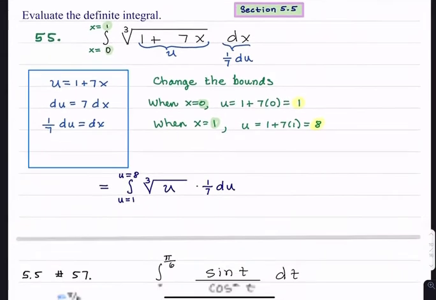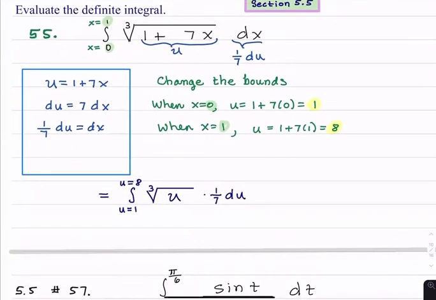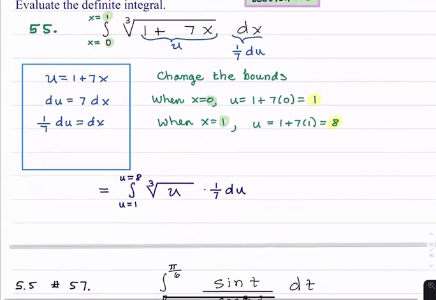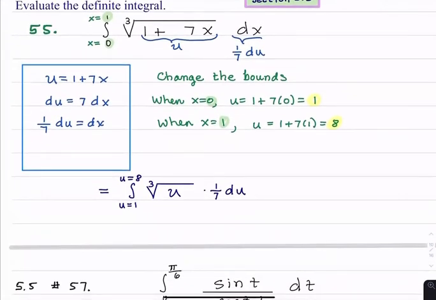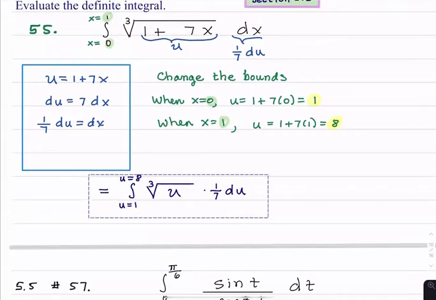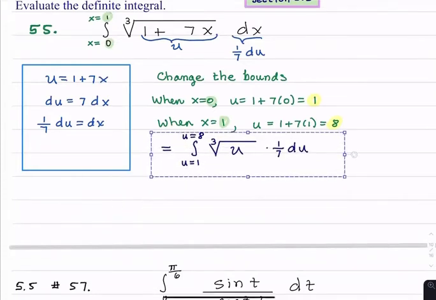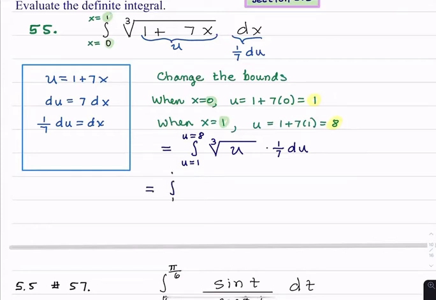All right, now let's rewrite this in a form that will be easy for me to integrate and find the antiderivative. Let's write this as the integral from 1 to 8 of u to the 1/3 du, and I'll just put 1/7 here.